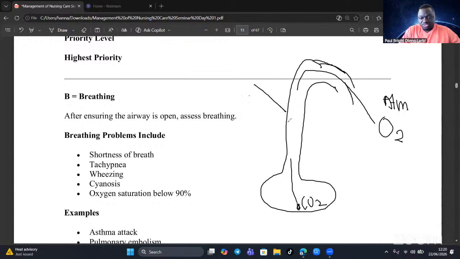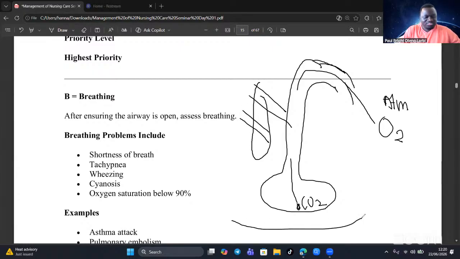We need muscles, we need a lung, we need bones, we need the diaphragm. They are all muscles. We need nerves, the phrenic nerve and all those. We need all these components to come together to open and close, so that oxygen will go, carbon dioxide will come, oxygen will go, carbon dioxide will come. That's it.